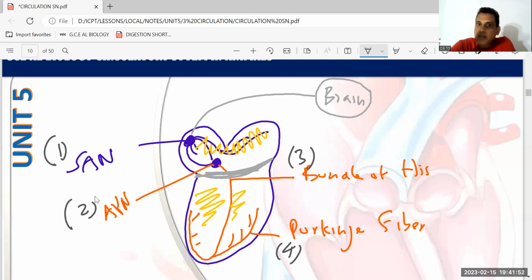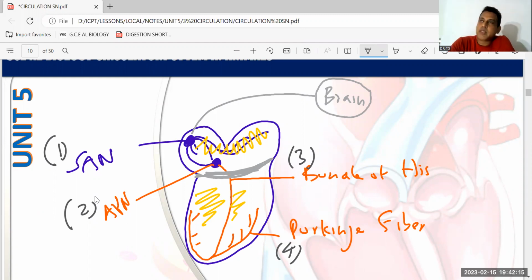So the SA node may be firing this time 100, 120. So when the requirement is there, the brain asks the SA node to make signals very quickly. So the interval should be reduced and it can make more signals and the heart rate increases.